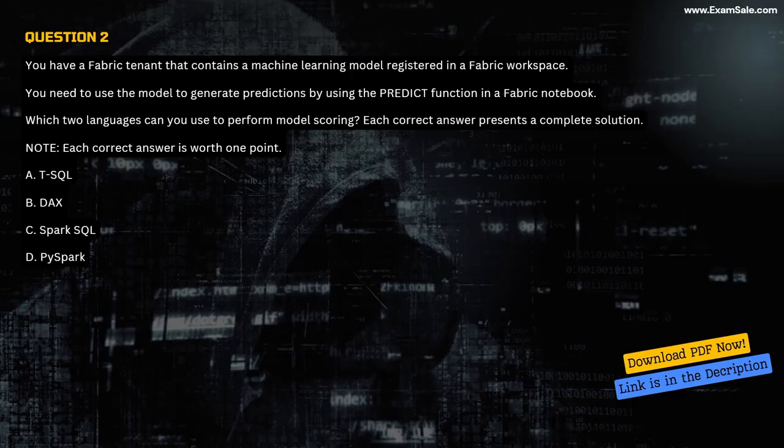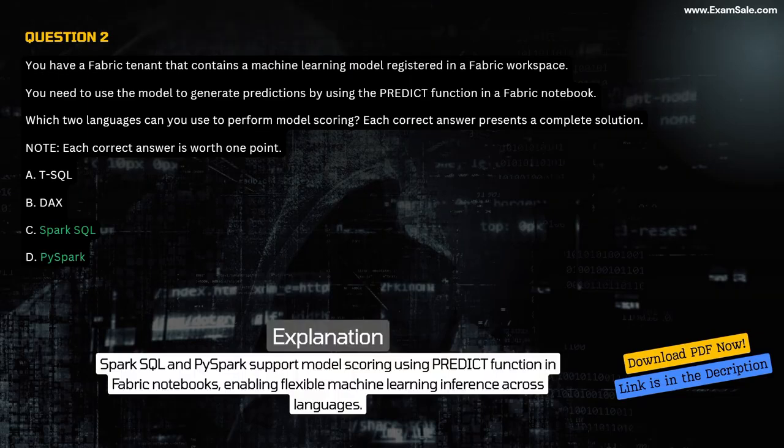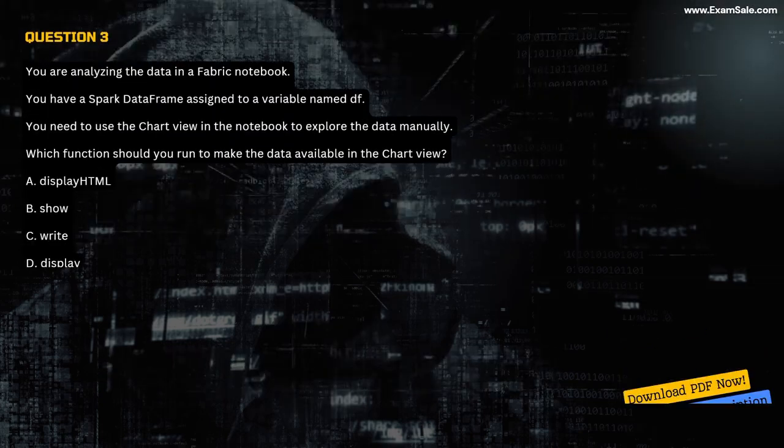A. T-SQL. B. DAX. C. Spark SQL. D. PySpark. Correct answer: C and D, Spark SQL and PySpark. Explanation: Spark SQL and PySpark support model scoring using the PREDICT function in Fabric notebooks, enabling flexible machine learning inference across languages.